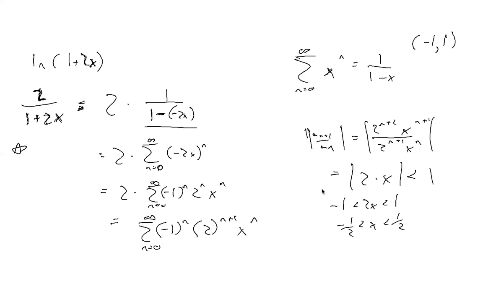Okay. All right. So what do we know? We know the power series for this thing. Let's kind of go to a new page. I know the power series for 2 over 1 plus 2x.